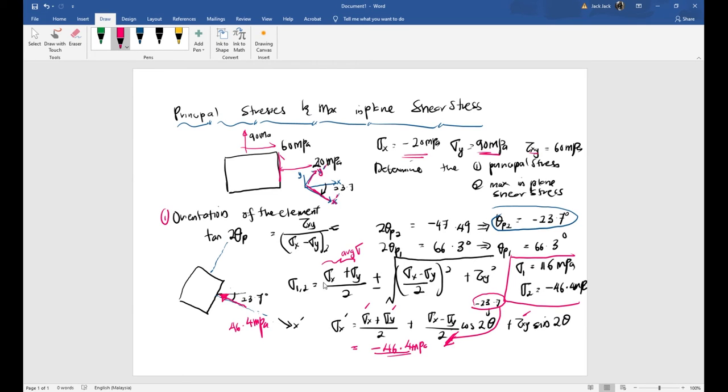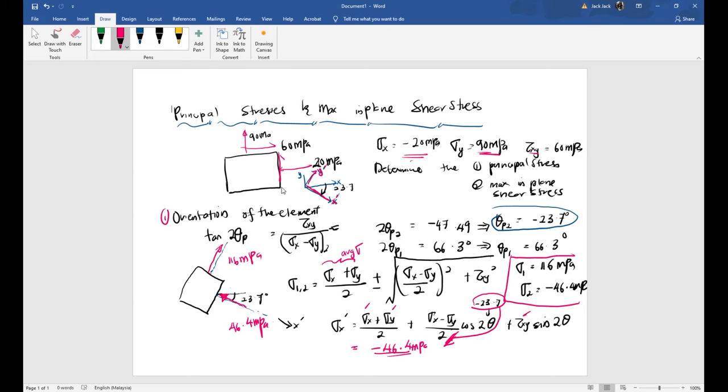Automatically we know the other normal stress is positive, sigma 1, which is equal to 116 megapascal. So this is the orientation of the element after being rotated with theta equal to 23.7 degrees, and these two values are the principal stresses.